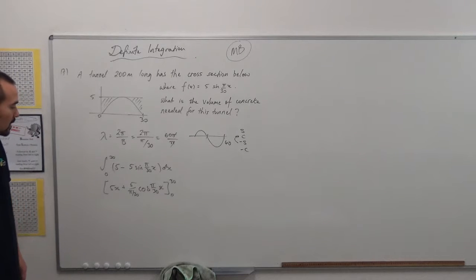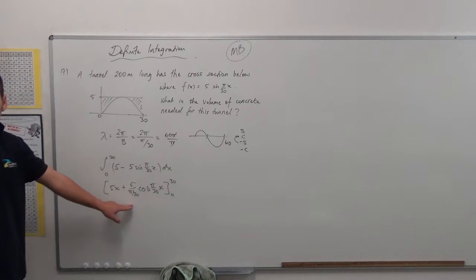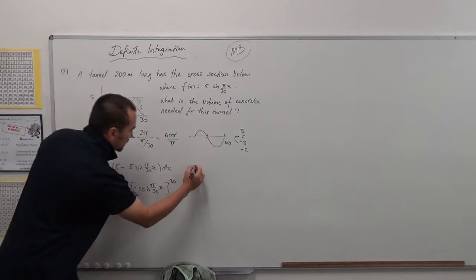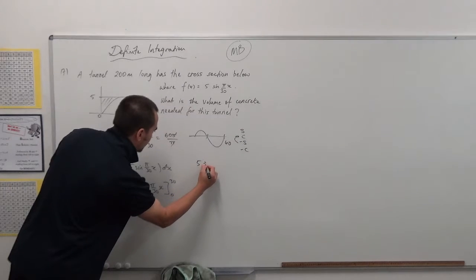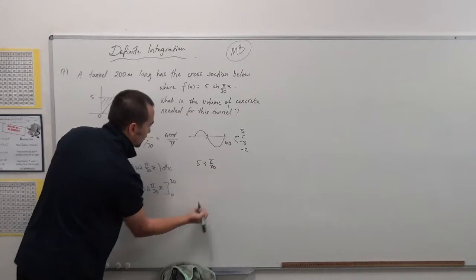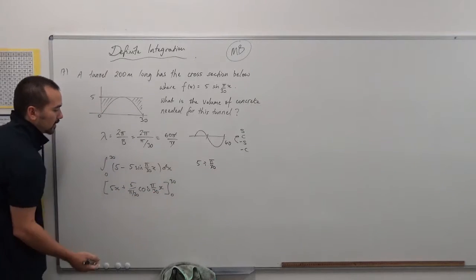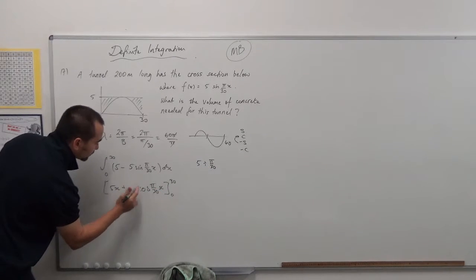Okay. So I can simplify that, can't I? What's that going to come to? 150 on pi, that's right. So we're going to flip that and get 150 on pi.